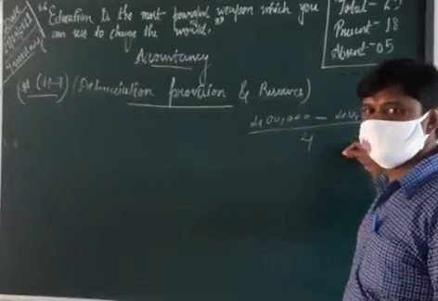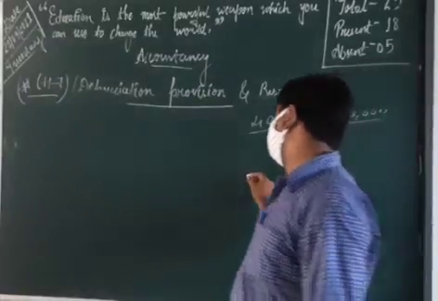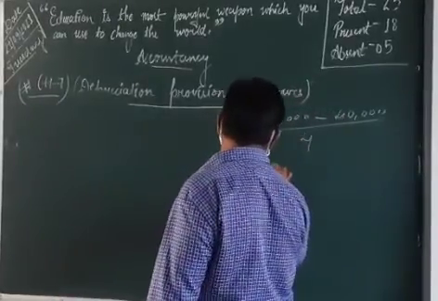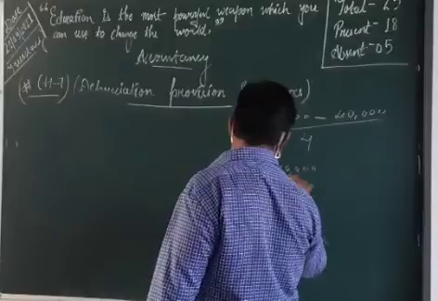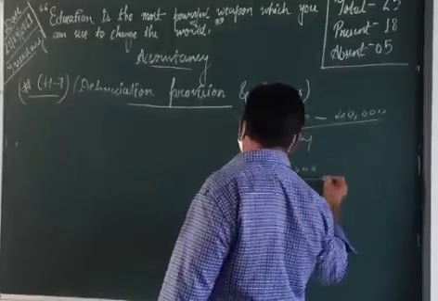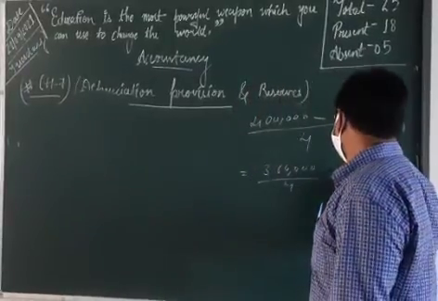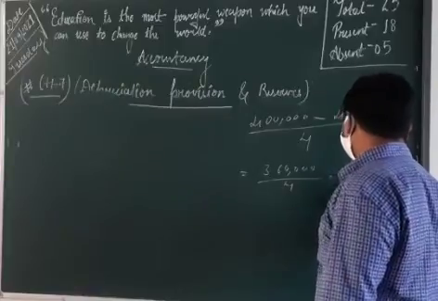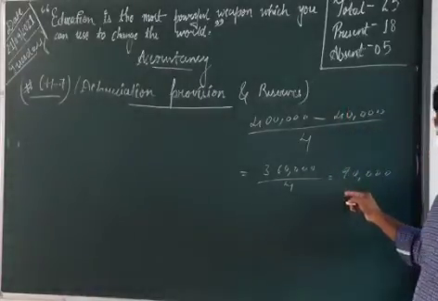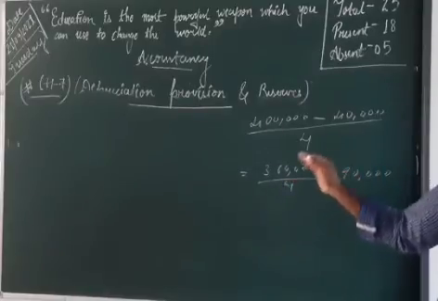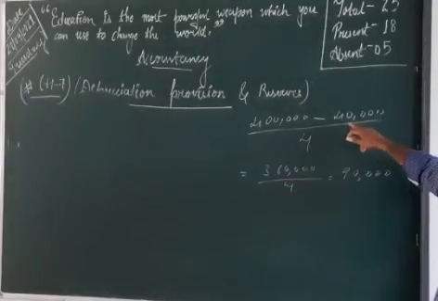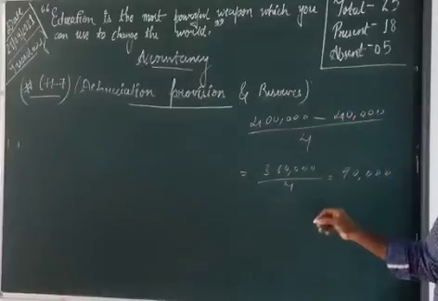Clear now? According to this, how much is the depreciation amount? 90,000 by 4. Each year we write off depreciation of 90,000, and within 4 years the value becomes 40,000.